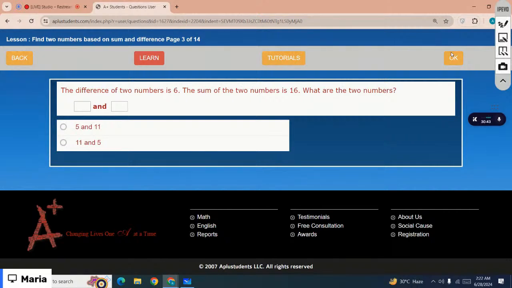The correct option is, yes, that's option number 2. 11 and 5. When you add them, they make 16. And when you subtract them, 11 take away 5 is 6. So option number 2 is the correct option.